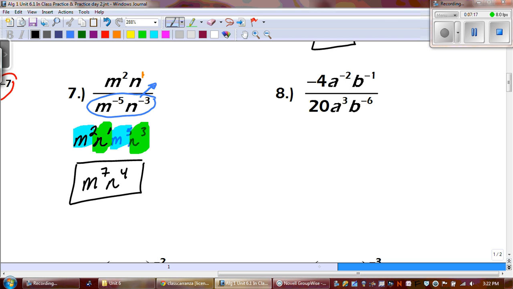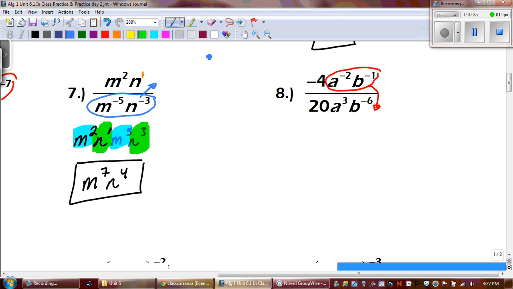All right, number 8. The first thing we're going to worry about is our negative exponents, okay? If our exponents are negative, we drop them like it's hot. If they're already on the bottom, we bring them to the top, okay?